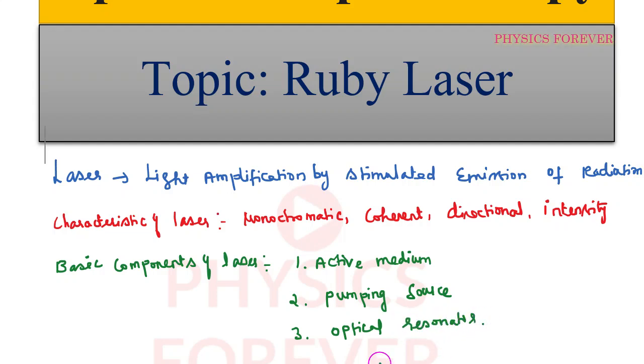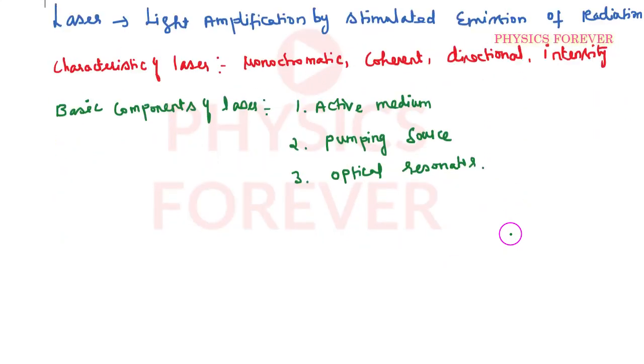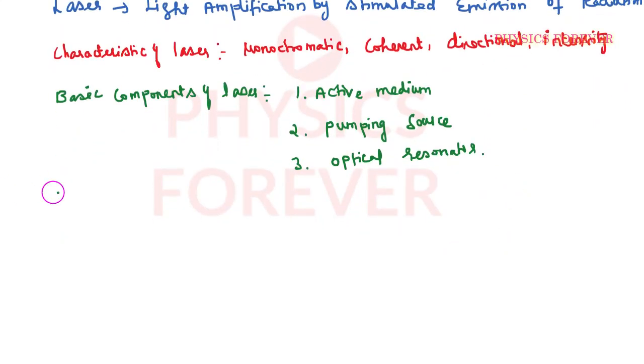Okay, so then how does transition occur? Photon of energy E2 minus E1, that is h nu. Okay, then we know spontaneous emission: atom in the excited state emits a photon randomly.